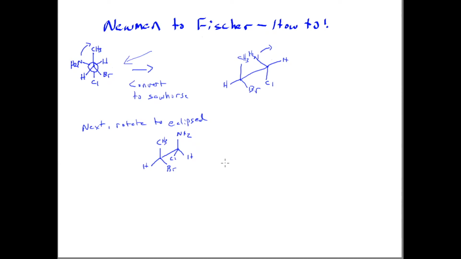Again, remember, it's like looking at your Newman projection, except that now you're looking at it from the side, besides looking at it dead on. Now, if you do this, you can see that we have something for this sawhorse.